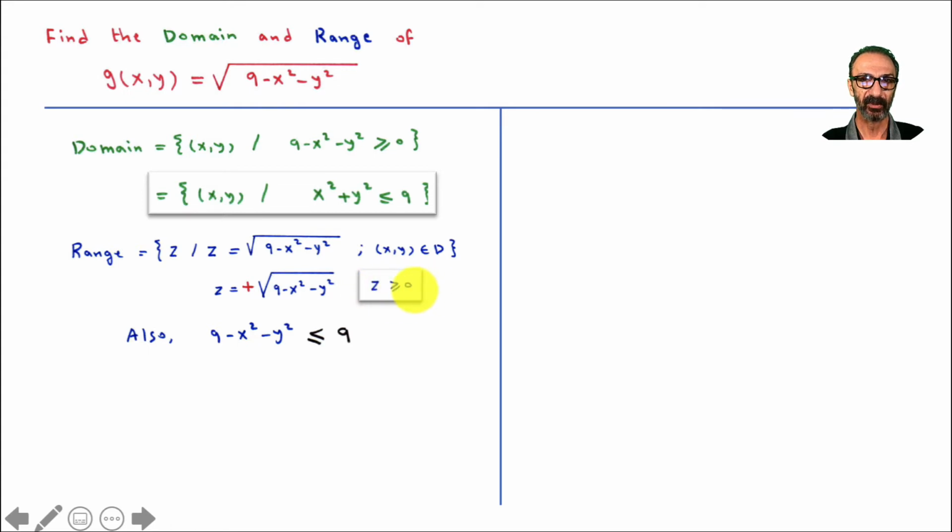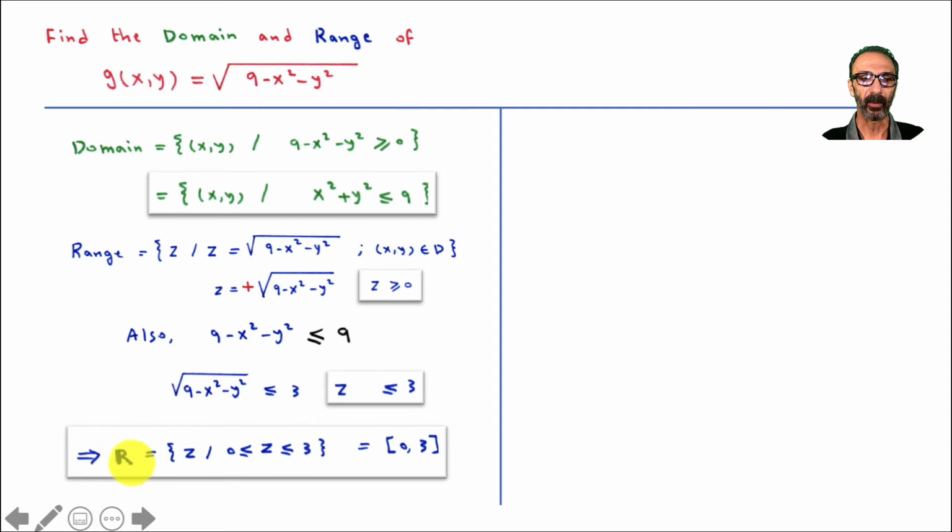Z has to be greater than or equal to 0, and this part right here inside has to be less than or equal to 9, which means the square root has to be less than or equal to 3. So with these two, that's my z, by the way, the range is between 0 and 3, including 0 and including 3.